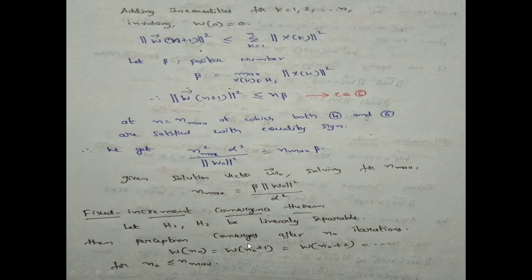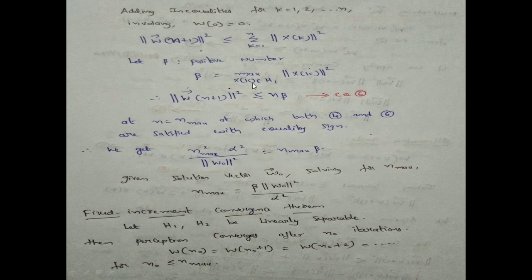Finally, the perceptron converges after n naught iterations such that w of n naught is equal to w of n naught plus 1 is equal to w of n naught plus 2, and so on, for n naught less than or equal to n max. We have already defined the value of n max. So for n naught less than or equal to n max, the perceptron is going to converge after n naught iterations.